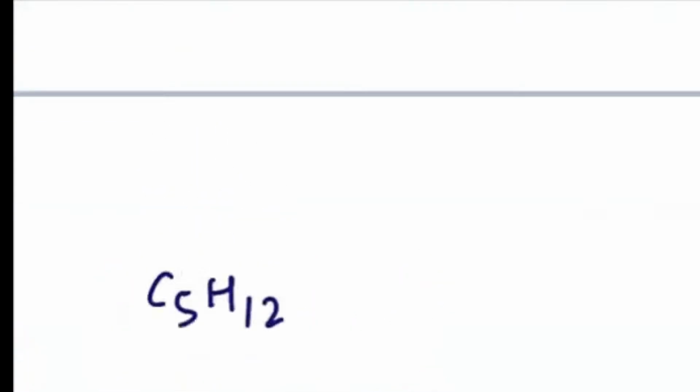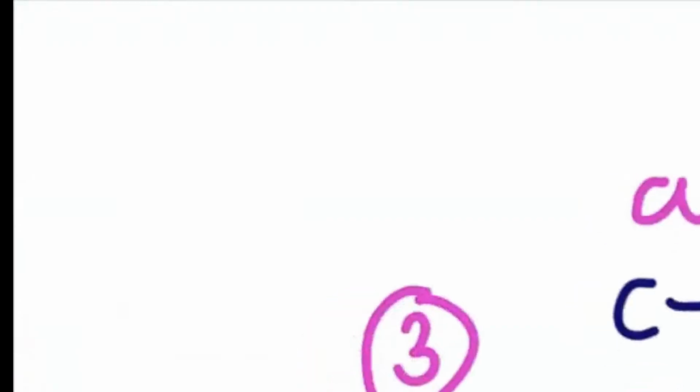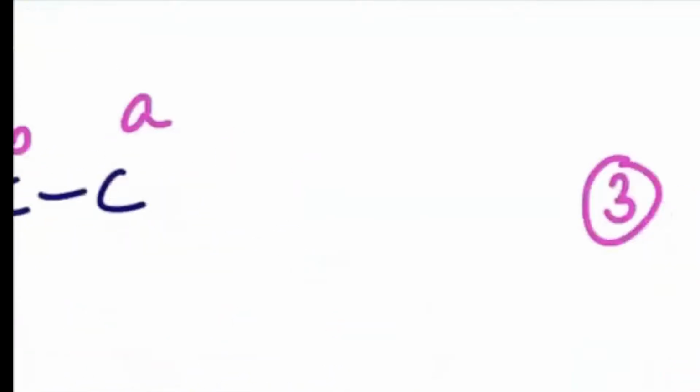Yeah, no problem. Check structure by structure. First one ABC CBA, so 3. Next one ABCD, so 5. Next one ABBCCD, so 4.